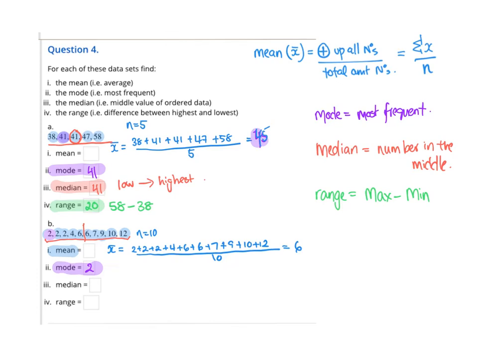So how do we find the median? You take the two middle numbers, add them together, and divide by 2. So what would that be? 6. Okay, so the median is 6. And then the last one, the range, is the maximum minus the minimum, which is 12 minus 2. Excellent, which is 10.